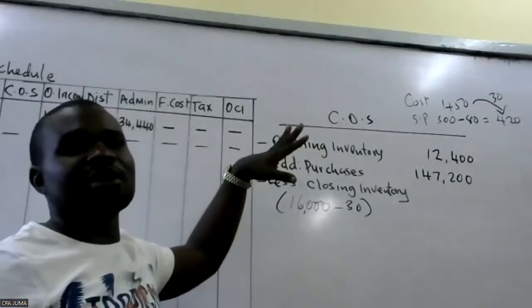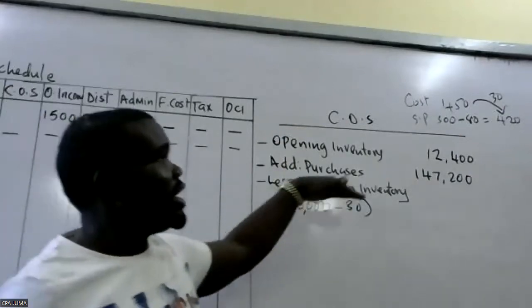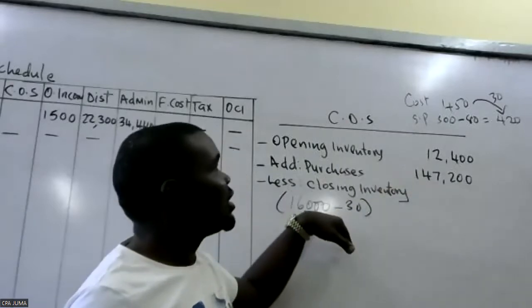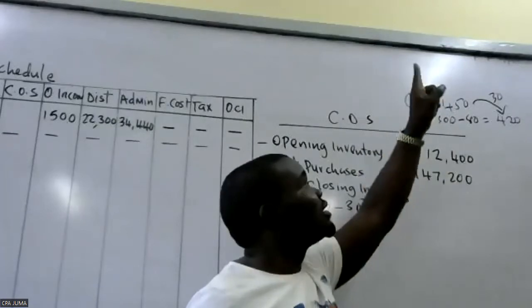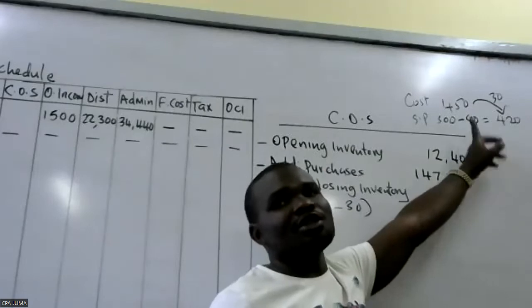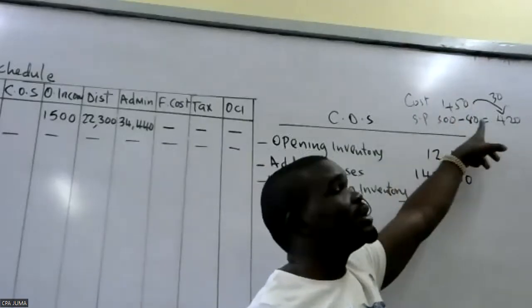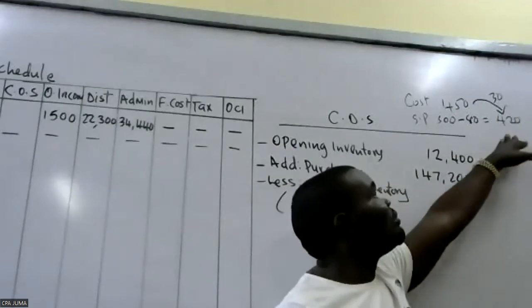Forget about the replacement cost at all because nobody has replaced those stock. Then they are saying this 450 can be sold at 500. And if we sell it, we will incur how much? 80. So it means the net amount we can receive from it is 420. That is the selling price.